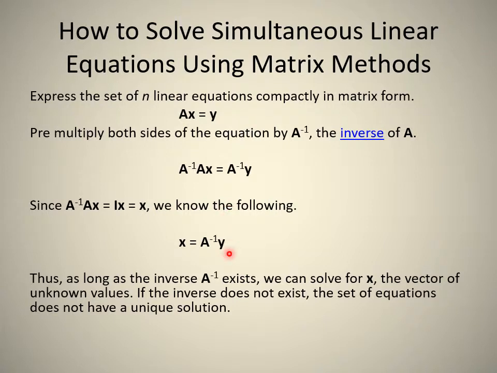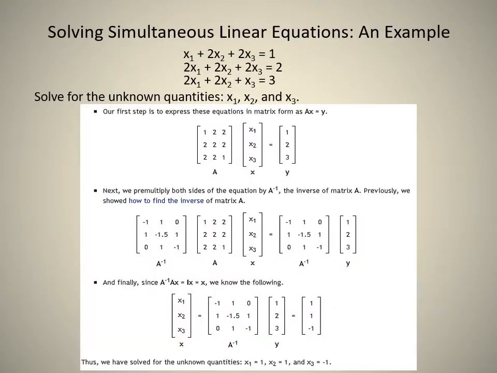So as long as we can calculate A minus 1, the inverse of A, we can solve X. We will end up with a solution for each of these unknown values: a column where x1, the first unknown, will be the top element, x2 will be the second element, and so forth in our column vector.